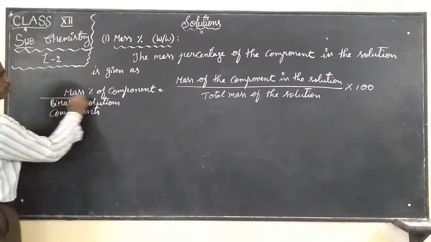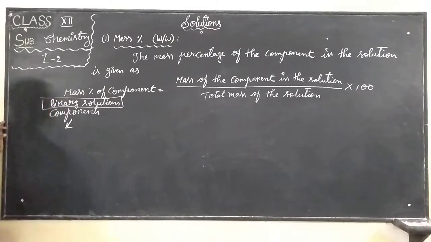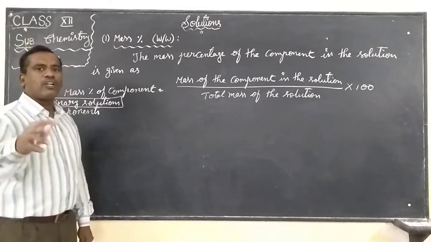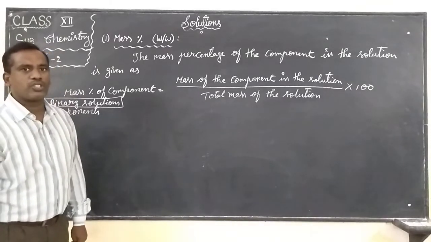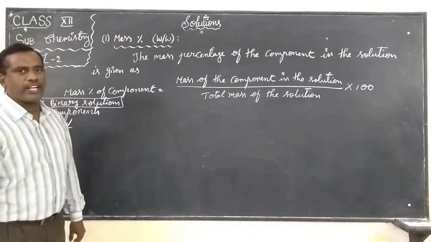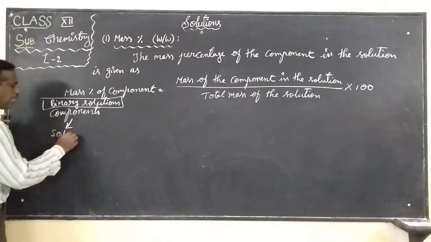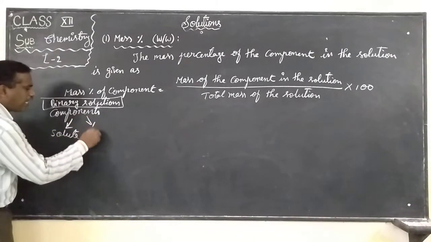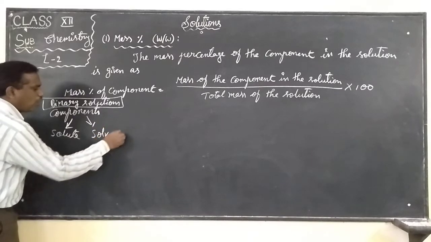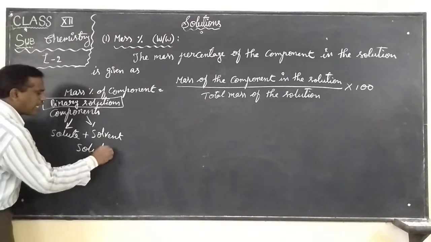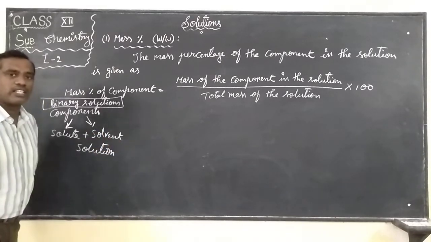Binary solutions means the solution is made up of two components. In this, one will be the solute and another will be the solvent. So this solute plus solvent together give the solution.